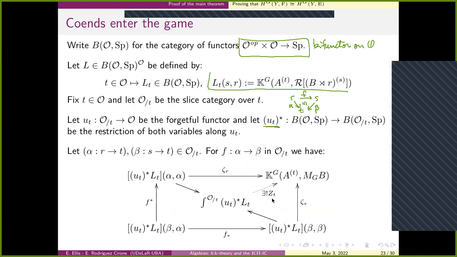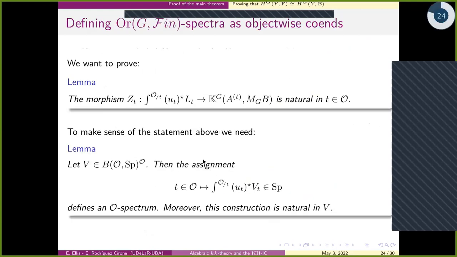Okay, so we would like to prove that this morphism is natural in T. We want to prove this result, this lemma, but first we have to explain in what sense this depends covariantly on T. That problem is addressed by the following lemma.